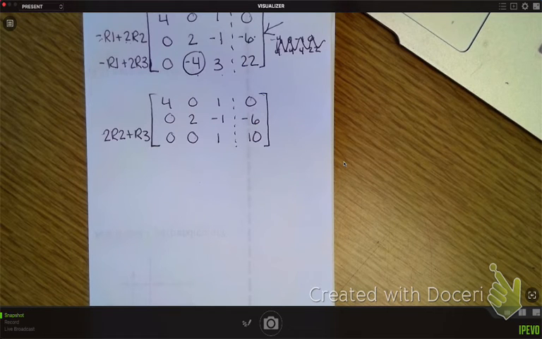How do you subtract the 22 and the negative 4?